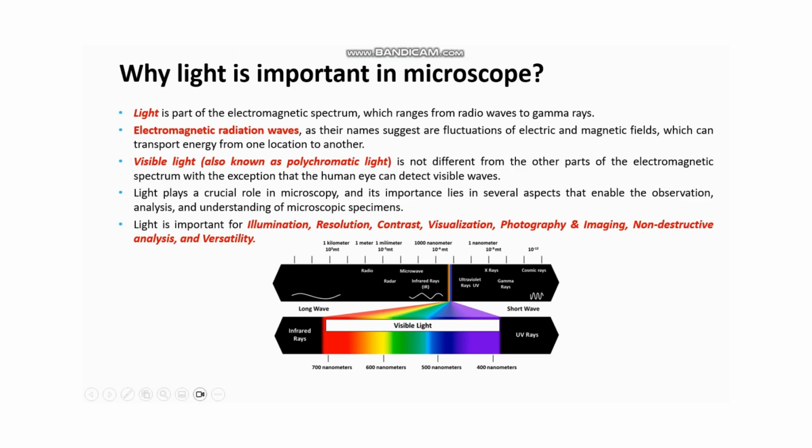Non-destructive analysis is very important, especially for biology and material sciences, because researchers in these fields need to study samples in their native state. Light microscopy is a non-destructive technique that enables the examination of specimens without altering their integrity or composition.